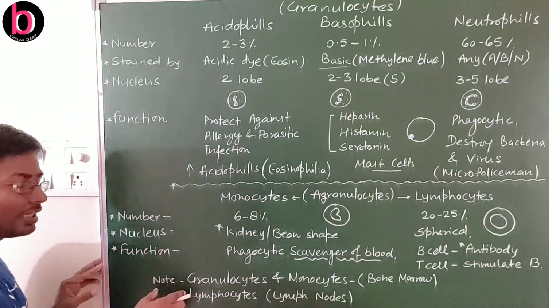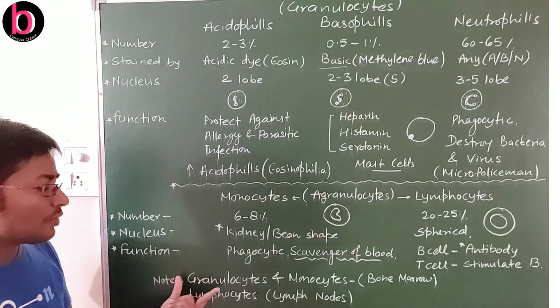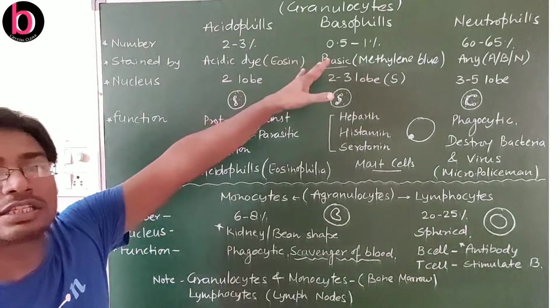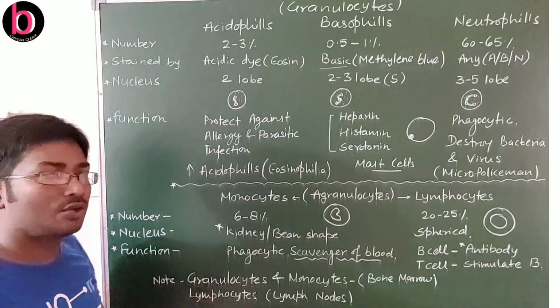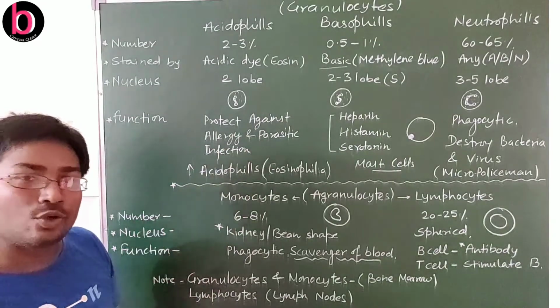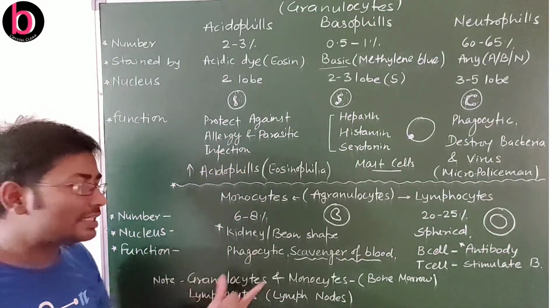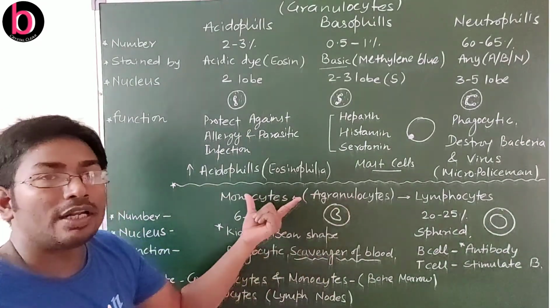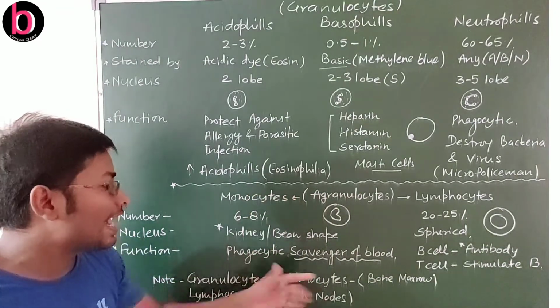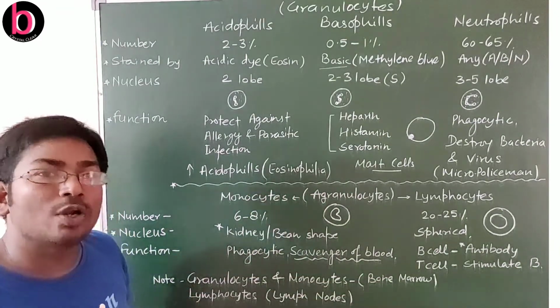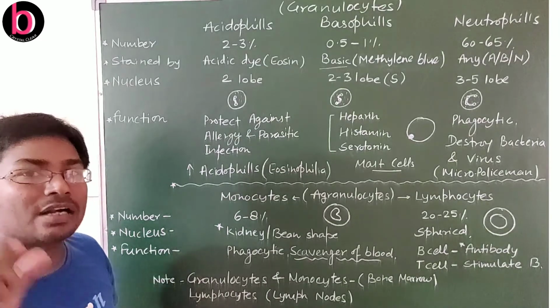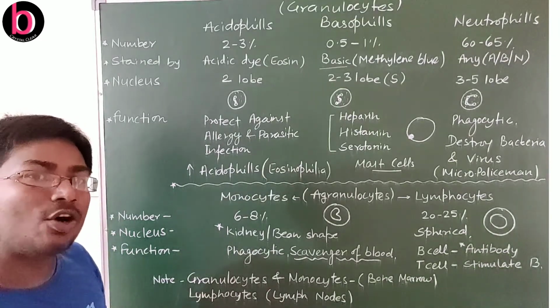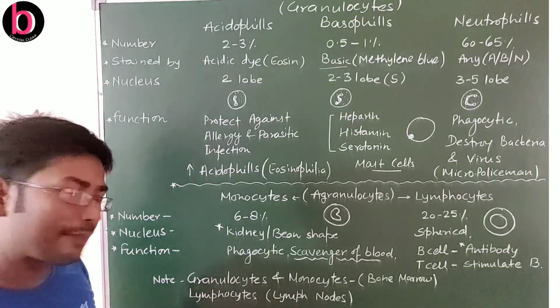Now here is one thing that is very important. All the three granulocytes, acidophils or eosinophils, basophils, and neutrophils, and only monocytes are synthesized by bone marrow, that is the liquid part present in the cavity of longer bones at their tip.